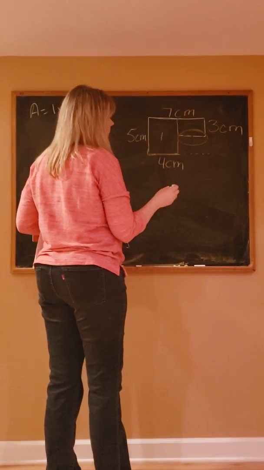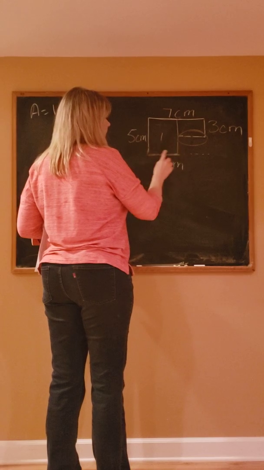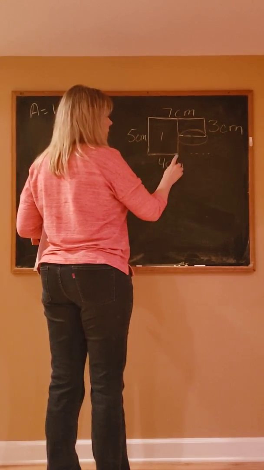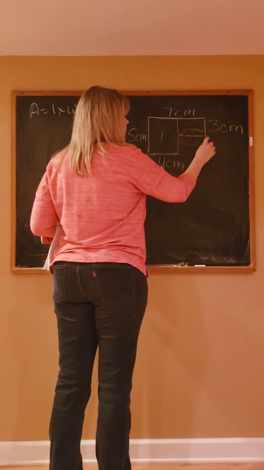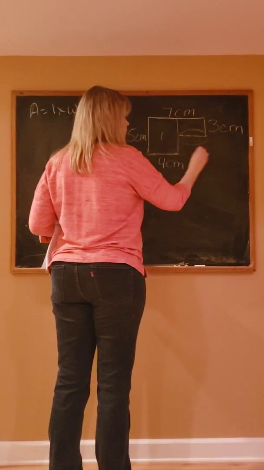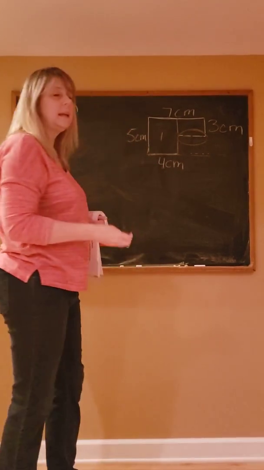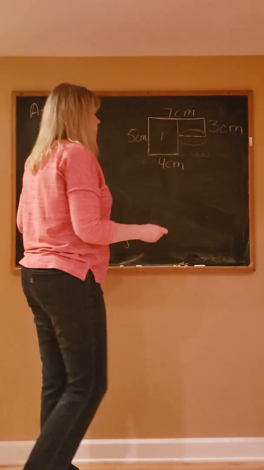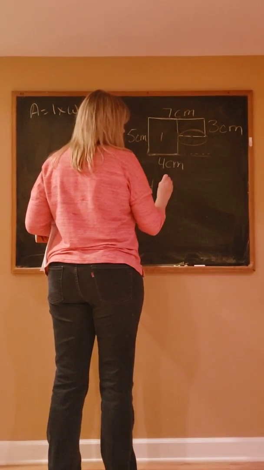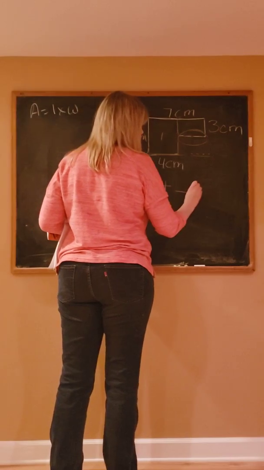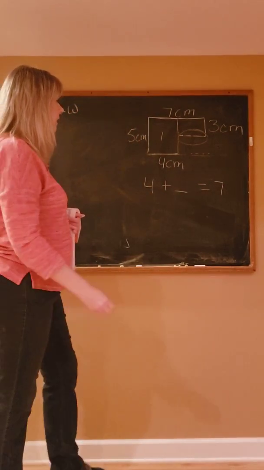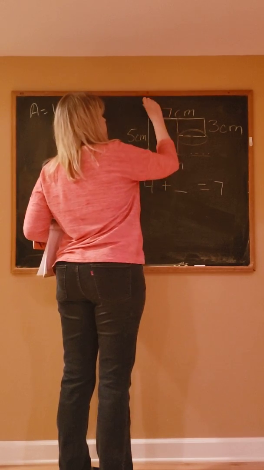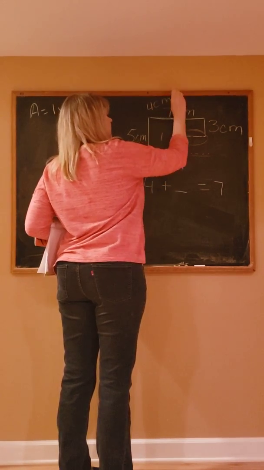If from here to here is 4 centimeters, what do you think this side from here to here is going to be? If I were to draw this straight line, it's going to have to equal 7. So I have to say to myself, what plus 4 is going to give me 7? Because from here to here, this is 4 centimeters.